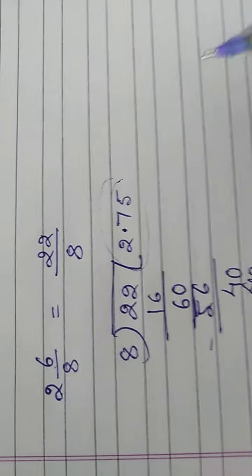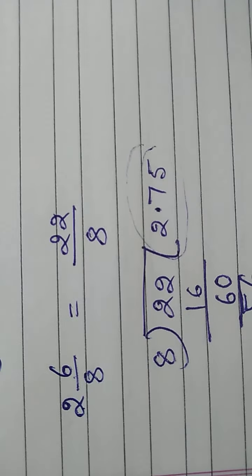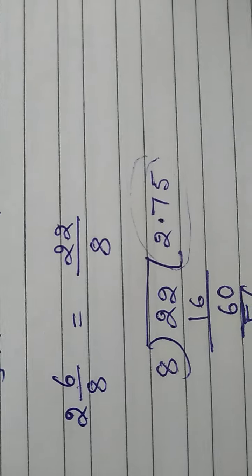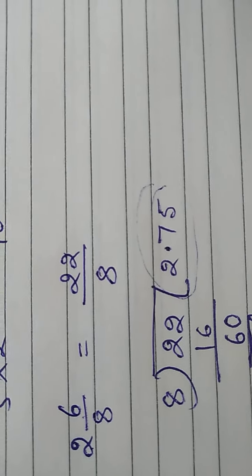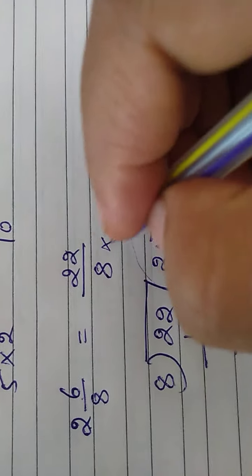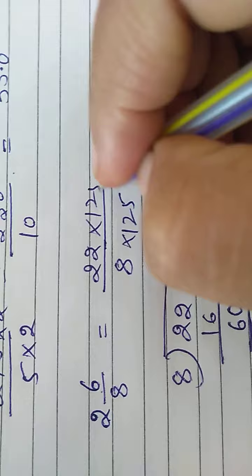And you can also see it like this: by what should we multiply 8 so that it converts into a multiple of 10? So if we multiply it by 125, then it will convert it into 1000.